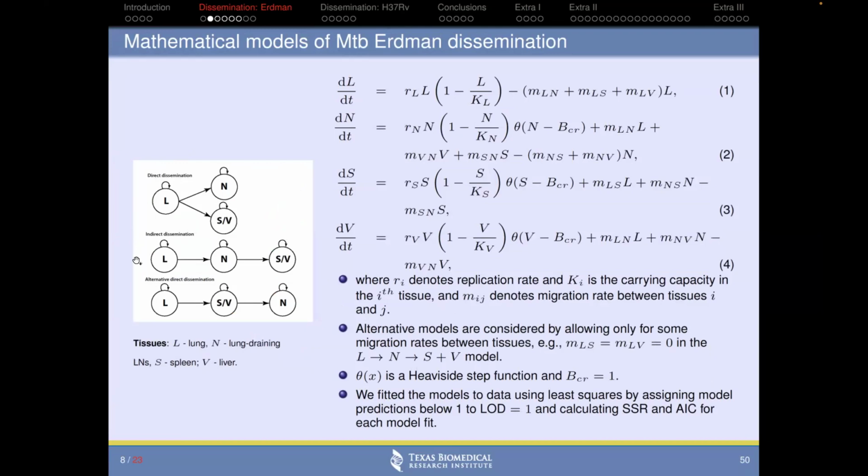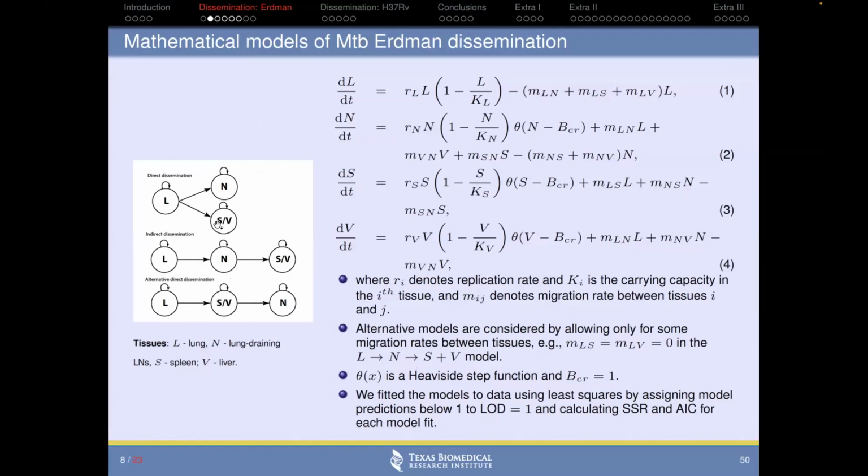There could be indirect dissemination, where the first tissue that the bacteria disseminate to from the lung is the lymph nodes, and then they go systemically to the spleen and the liver. Or maybe alternative indirect dissemination, where first bacteria actually spread systemically, and then they infect the lymph nodes. So these are 3 models that we proposed.